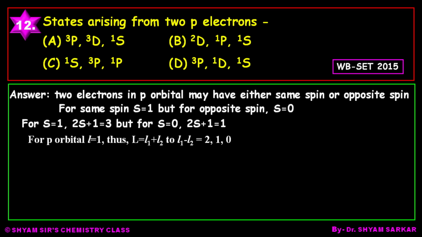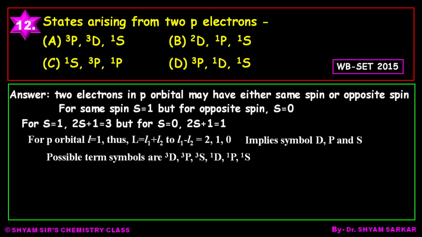Which implies 3 different symbols like S, P, D. For L equal to 0, S; for L equal to 1, P; and for L equal to 2, that symbol will be D. So the possible term symbols will be 3D, 3P, 3S, 1D, 1P, 1S.